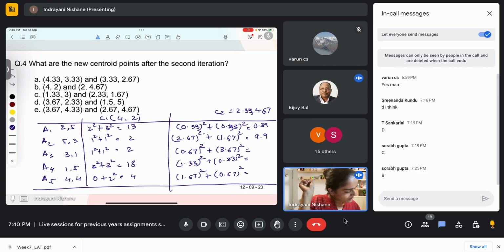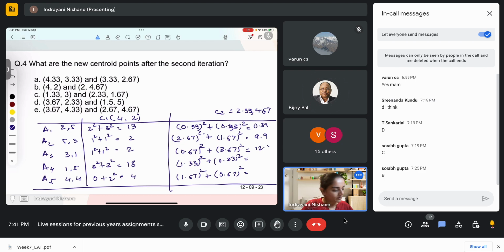This will be 3.5 squares, around 12 point something, yeah, it is 12 point something.